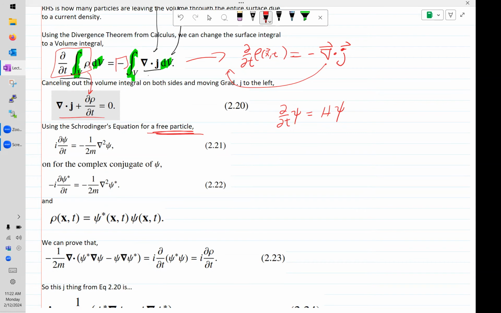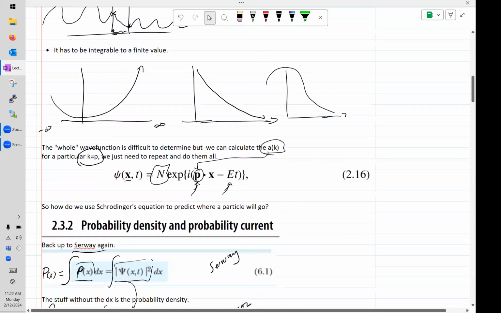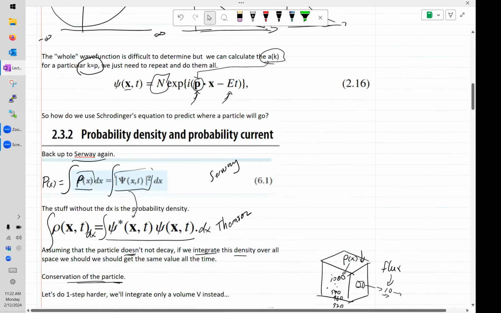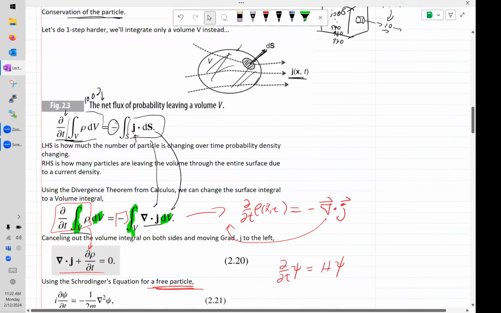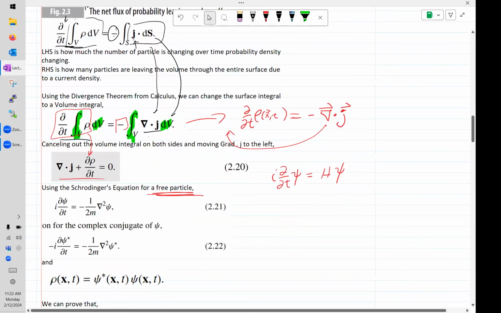There's probably a minus somewhere. Did I do that right? Where's the Schrodinger equation? Oh, there's an i in front here. Oops. That's what I get for trying to remember equations off the top of my head. And I think there's a minus between these two.